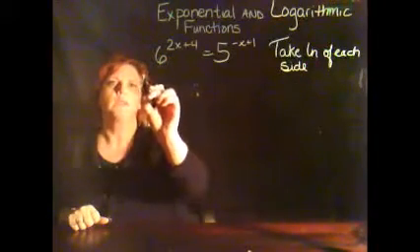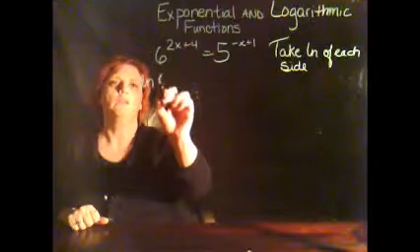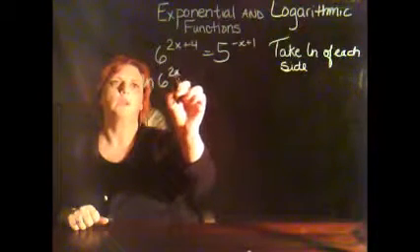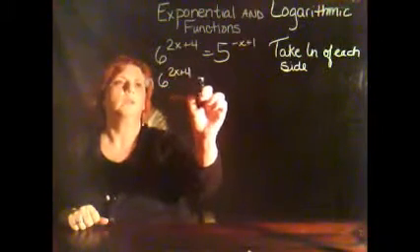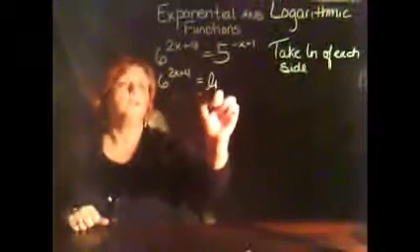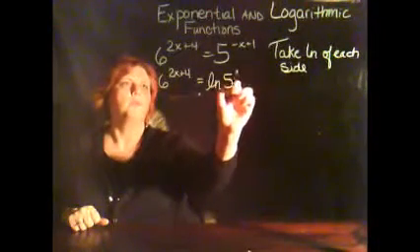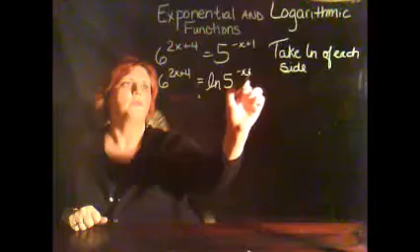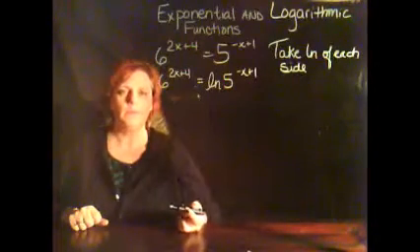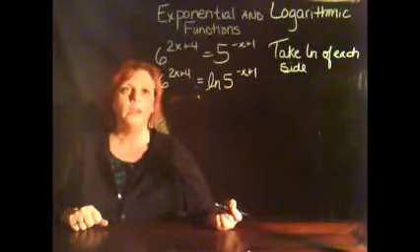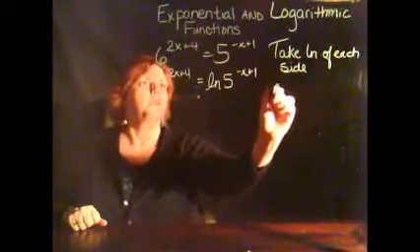I'm going to write this as the natural log of 6 raised to the 2x plus 4 equals the natural log of 5 raised to the negative x plus 1. And then we can apply the power rule to expand this.